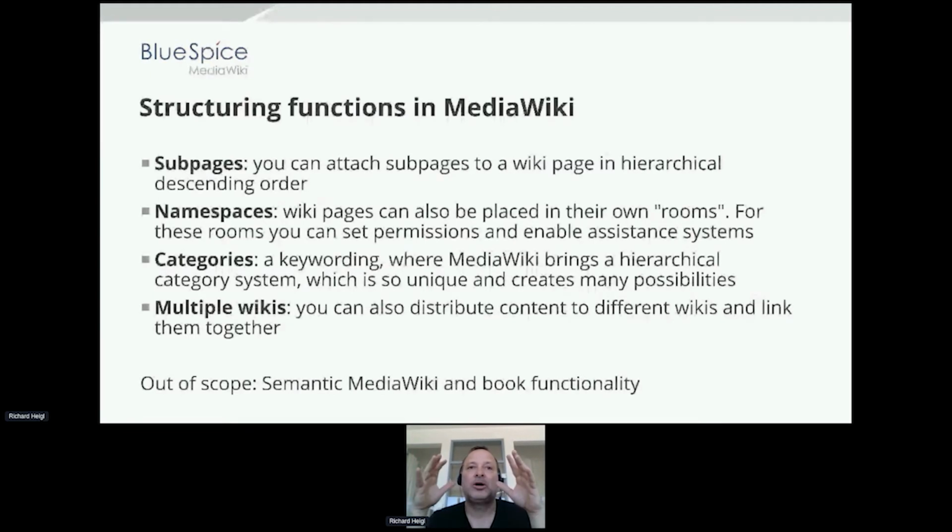I have structure and functions like subpages. What should I do with them? For what do I need namespaces? This is not as easy as it sounds, but in the end, if you make a basic decision and say, what is the best practice, then it becomes easy.